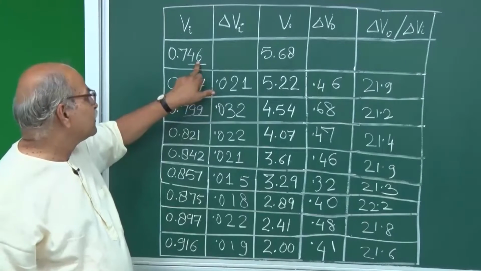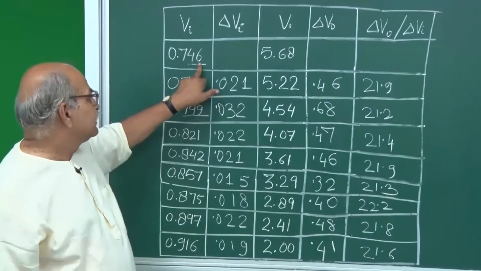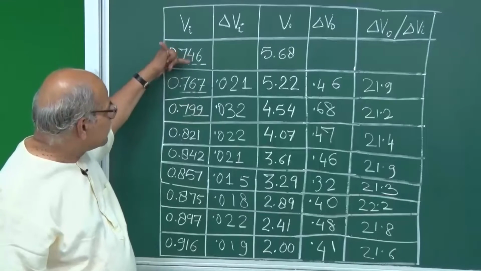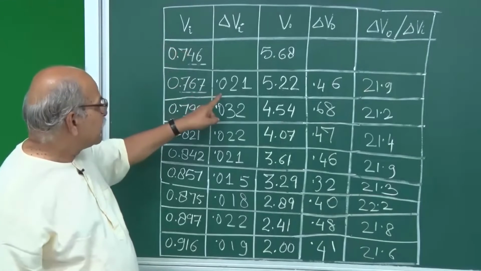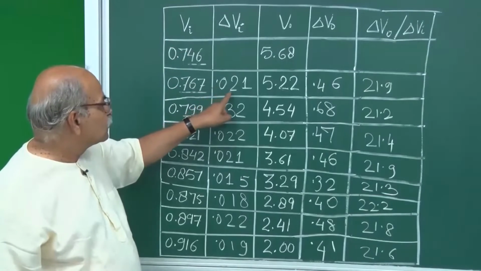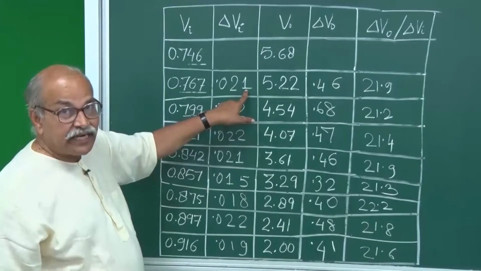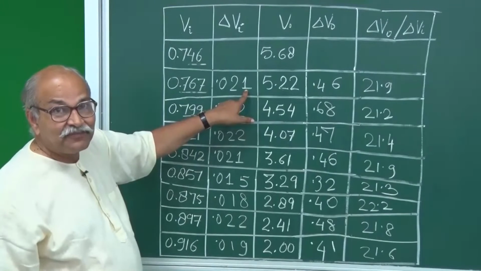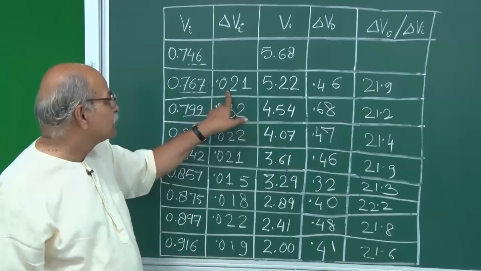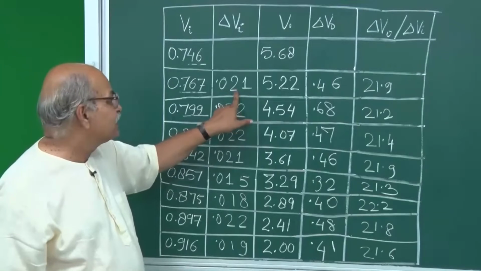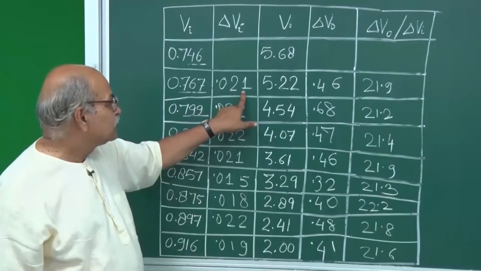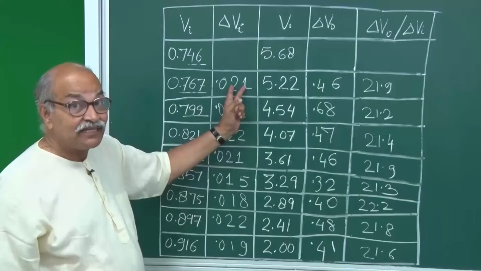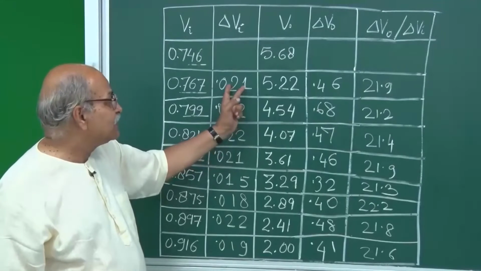So there could be an error of 0.001 here, and when you are subtracting, the errors add, so it can be an error of 0.002. An error of 0.002 is not small, because this whole number is 0.021, and that means an error of 2 in 21, which is 10%. So there could be a 10% error here.